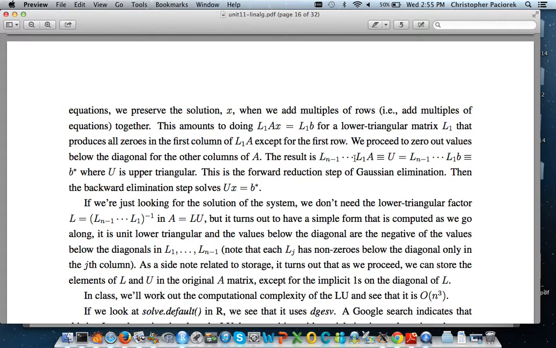And U looks something like this. It's A11, so the first row doesn't change. Then the next row is what we've been calling these guys, and so on down to A33, and so on, and then A_NN, with zeros in the lower triangle.